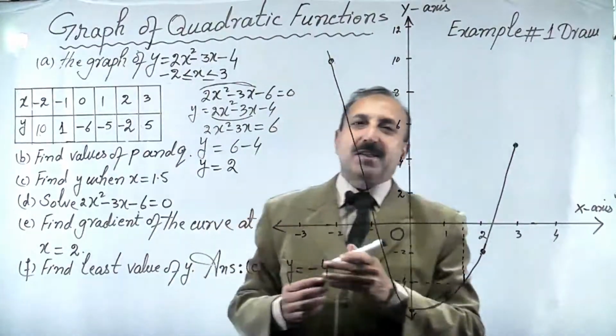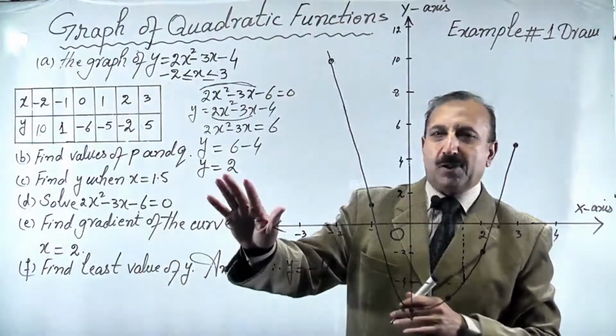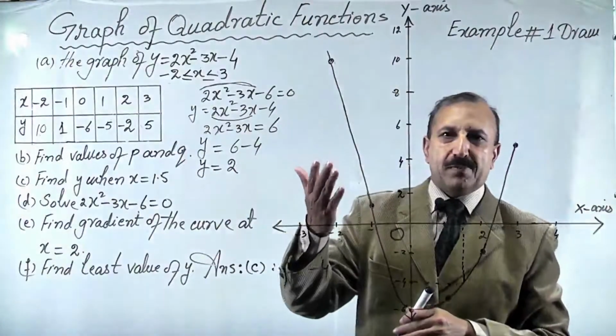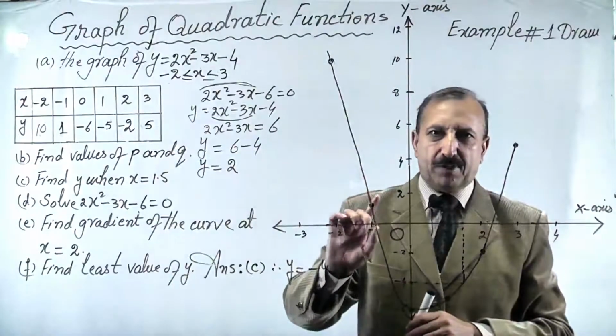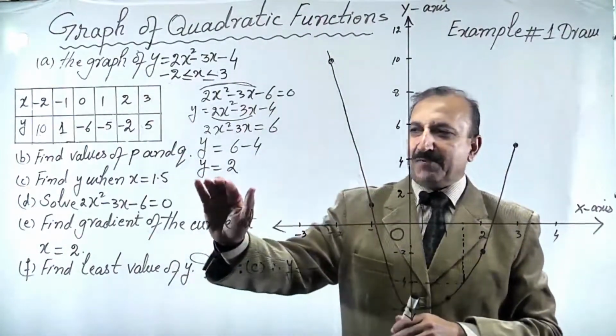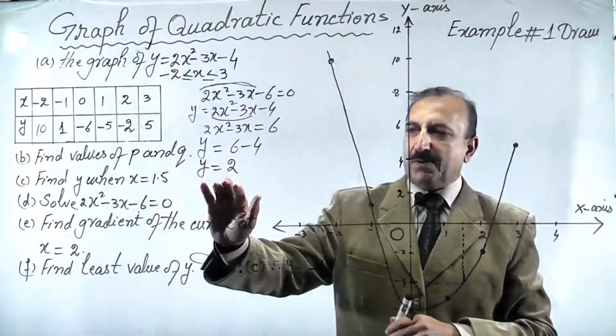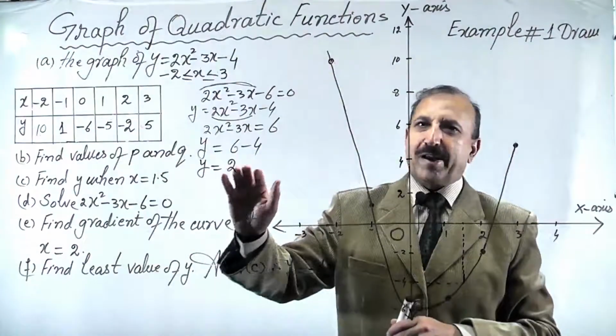Now here is the linear equation with a single variable, y is equal to 2, my dear students. Always remember, here there are two possibilities. You might get a linear equation with one variable, number one. You might get a linear equation with two variables. If this linear equation has a single variable, then you are supposed to draw this linear equation directly.